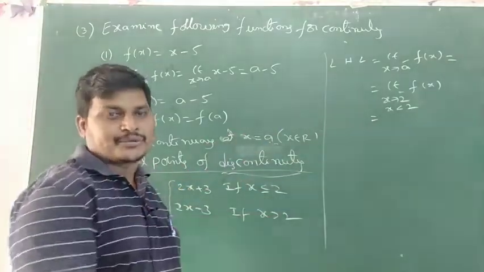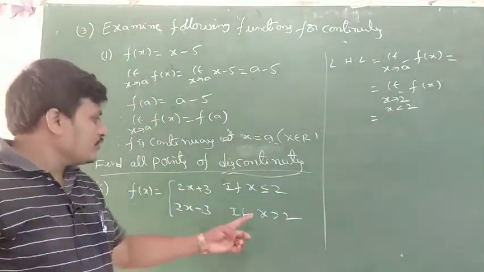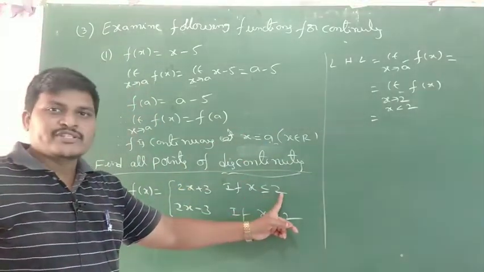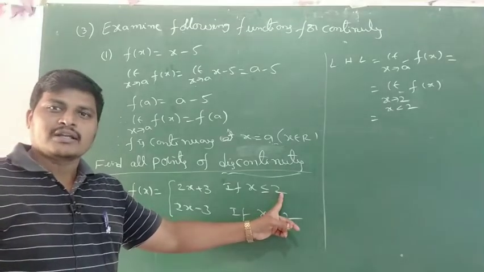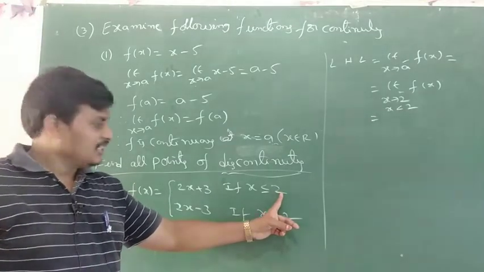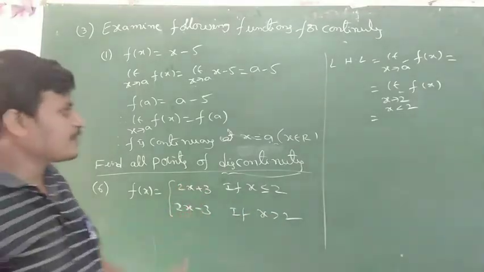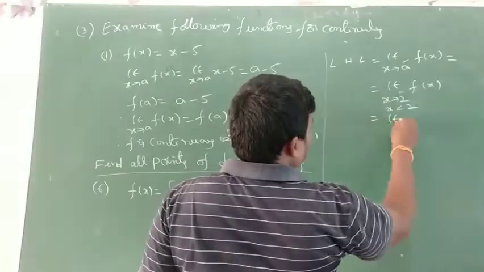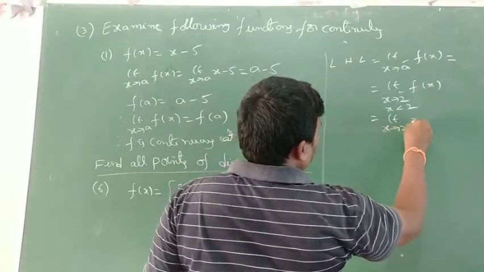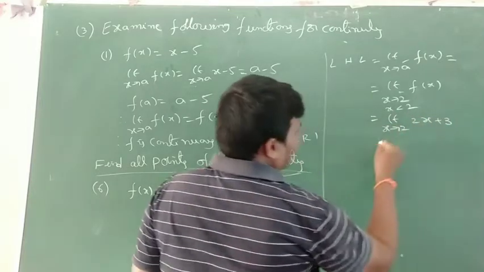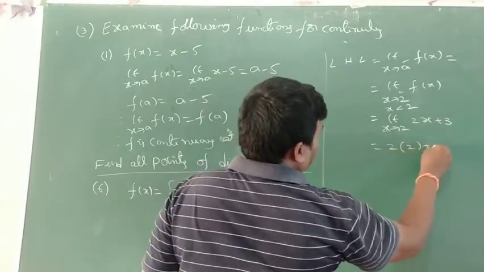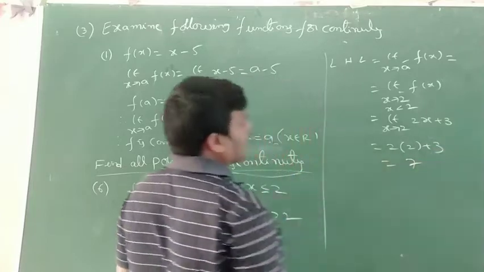Plus means greater than 2. Less than 2, which function? x less than or equal to 2 means less than 2 or equal to 2 also. So less than 2 uses 2x plus 3. So limit x tends to 2 of 2x plus 3, 2 into 2 plus 3, that is equal to 7.